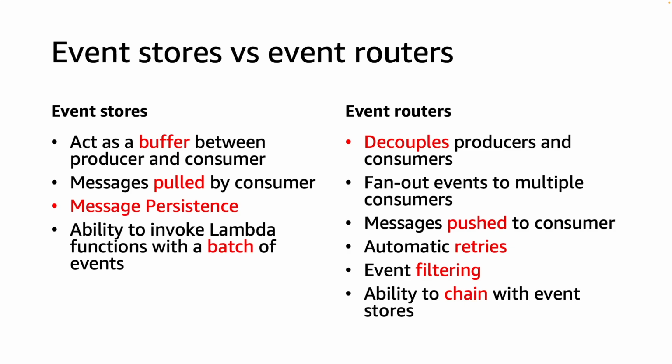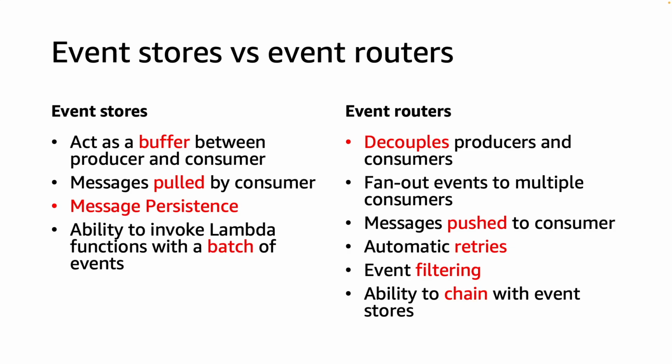The major difference between the stores and the routers comes in the message push to the consumer. The event router is actually pushing the event to the subscriber for that particular topic or event that we're sending. There is automatic retry, so you can configure the number of retries for that particular event. Filtering is also there, so you can decide which event should be pushed to which consumer.